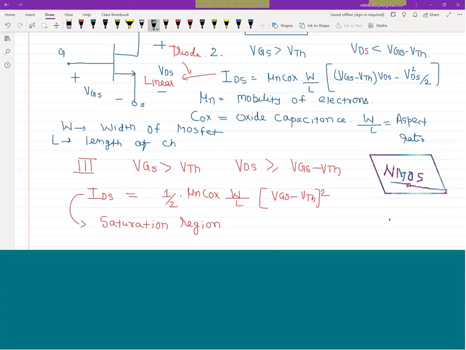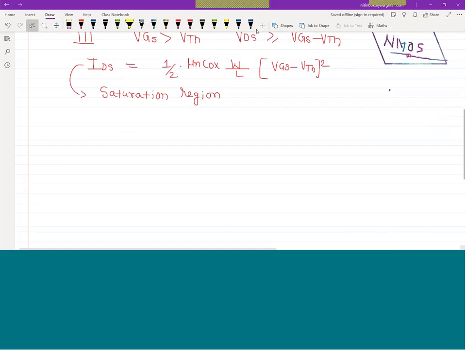So in tomorrow's lecture, we will go through the PMOS transistor and the voltage-current relationship for the PMOS transistor, and we'll discuss the biasing of MOS. Tomorrow is the day for biasing.